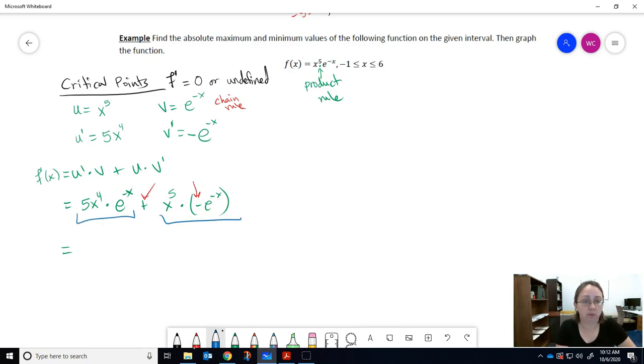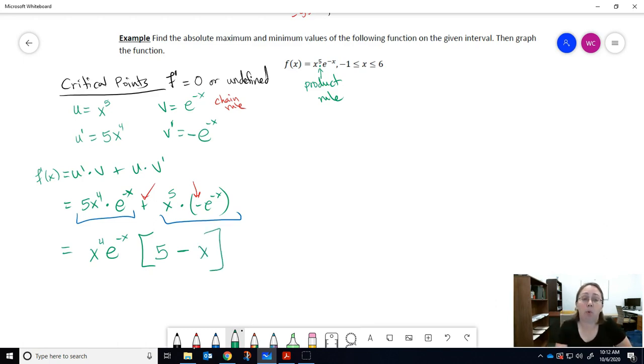Between these two terms, there's actually stuff in common, so we can factor stuff out. x's can come out, specifically x to the 4th, and an e to the negative x can come out. So if I pull that out of the first term, I'd be left with just a 5. Minus, because we're combining these two signs together, we are left with an x, and the e is taken out.